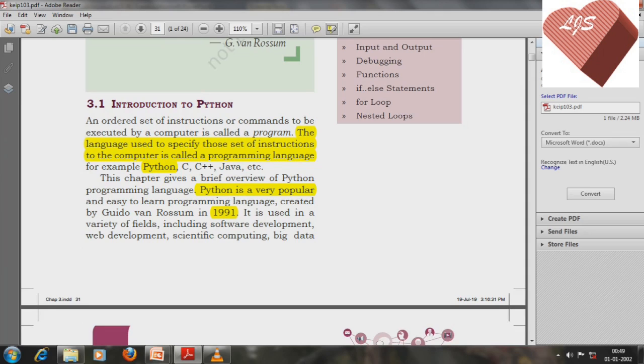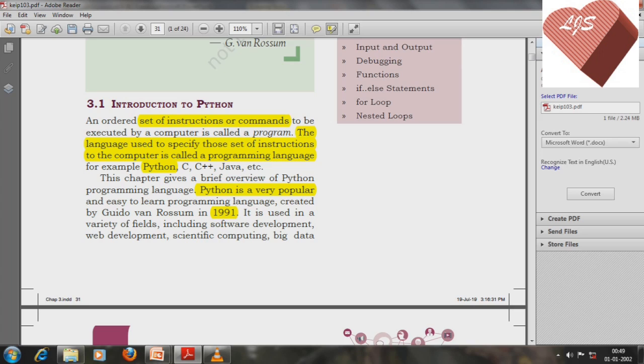So here we have the definition of a programming language, which are the set of instructions to the computer. In one of the videos that we already discussed, we have learned that a computer works under the sets of instructions. The set of instructions or commands to be executed by a computer is called a program.